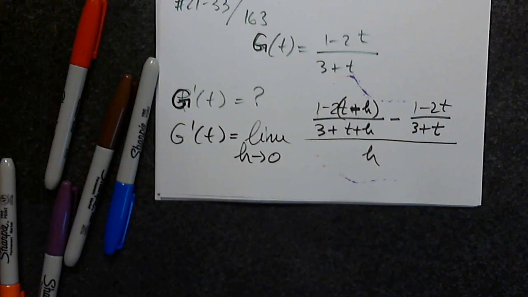Is it okay? Any questions? So this is the limit of the difference quotient. You have to find the least common denominator, find the adjustments for the top, simplify, and give me the answer.